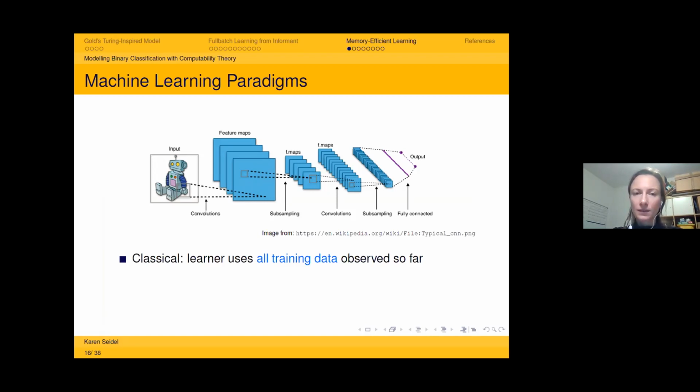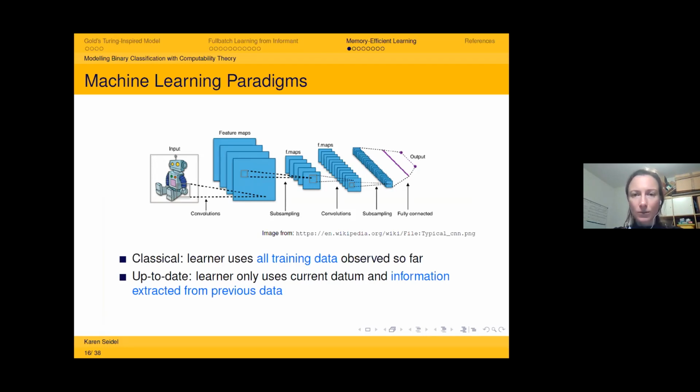Now more recent algorithms, for example, neural networks, as I took a picture of from Wikipedia, in image processing, but also for other questions.